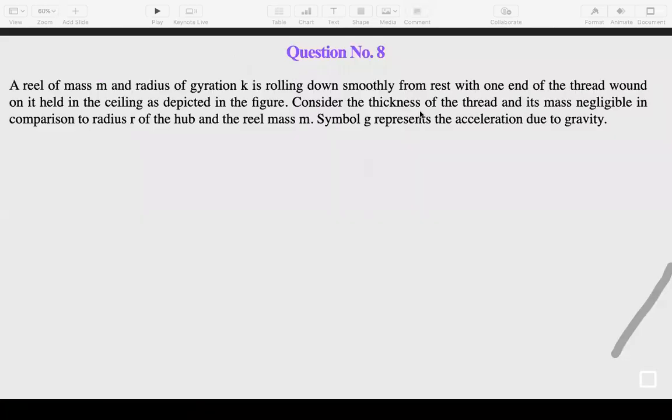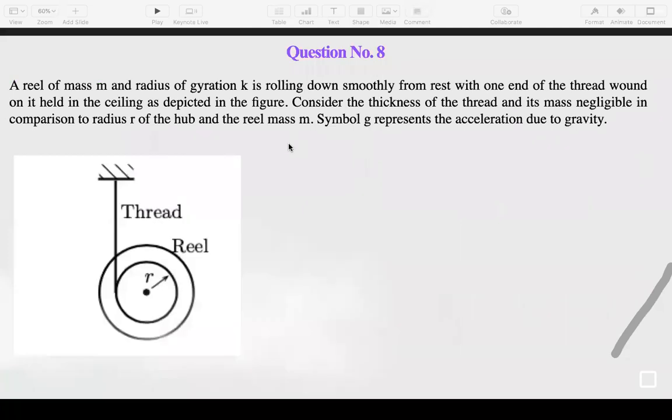Okay, so we'll take the next question, question number 8. A reel of mass m and radius of gyration k is rolling down smoothly from rest, with one end of the thread wound on it held to a ceiling, as depicted in the figure.